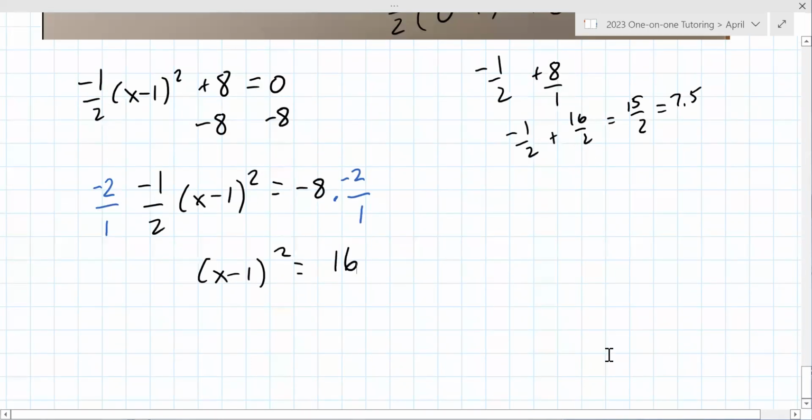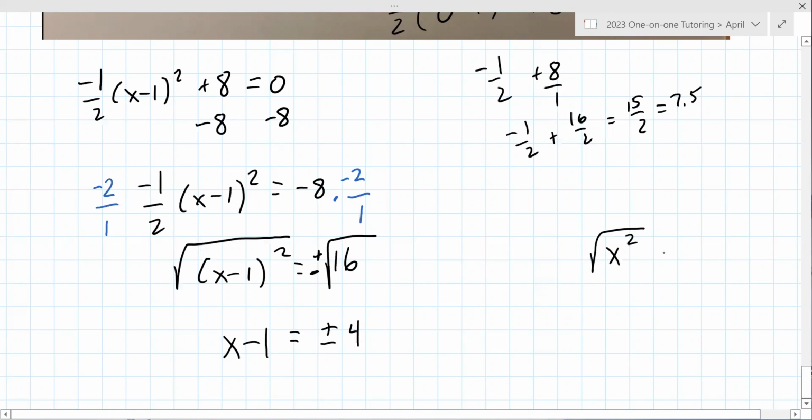How do you undo the square? Square root function, plus or minus. So then on the left, it's x minus 1 equals plus or minus 4. The square is undone by a square root.